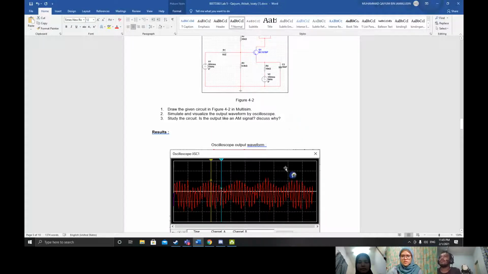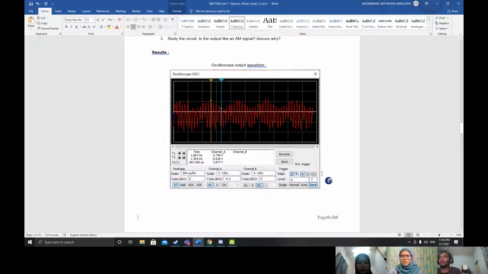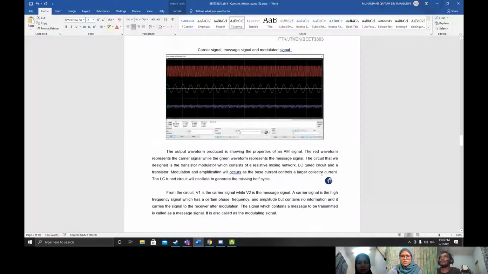This is because the criteria for a modulated signal is it has to have a carrier frequency that is higher than the message frequency, so that it can carry the message signal and produce a modulated signal. So I think that's all for task 2.